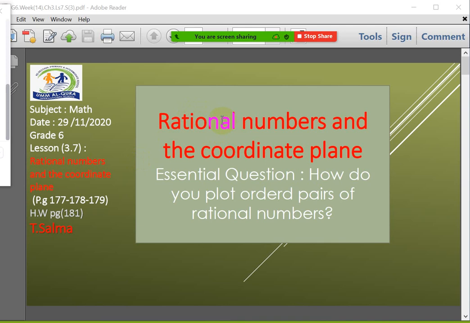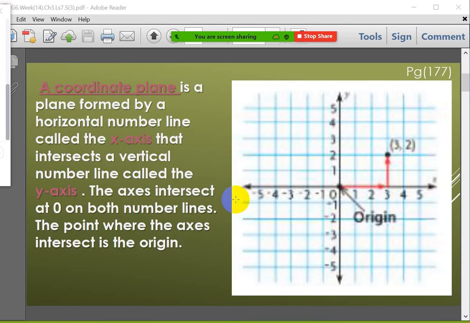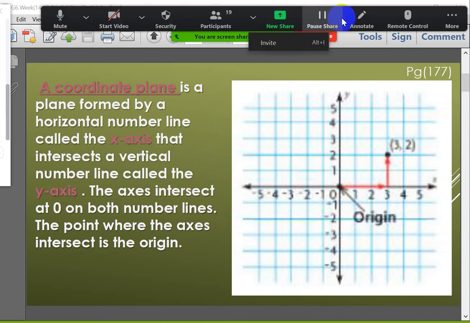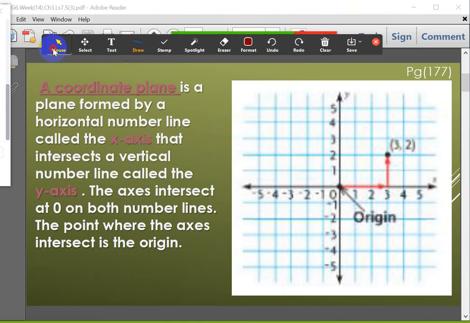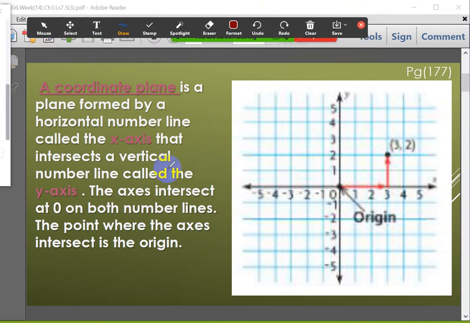First thing, let's start to know what a coordinate plane is. What is a coordinate plane? I think all of you have this figure in your book on page 177. Let's now see what a coordinate plane is.